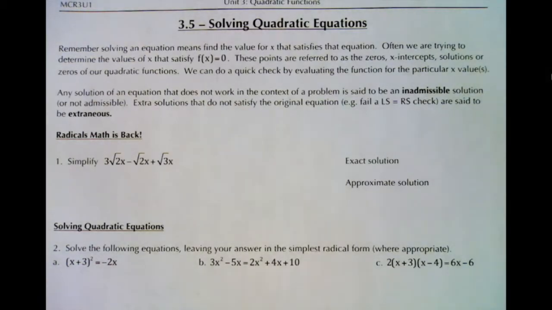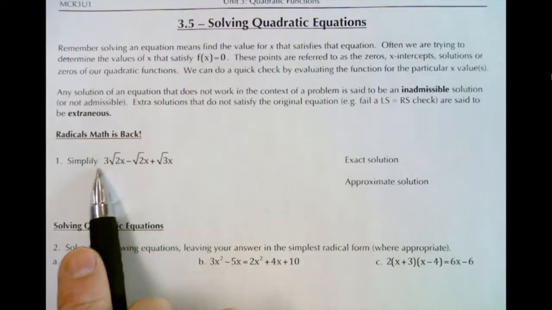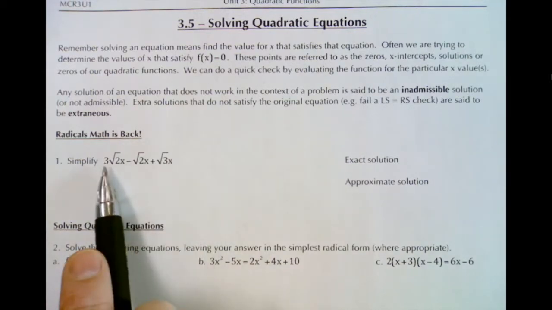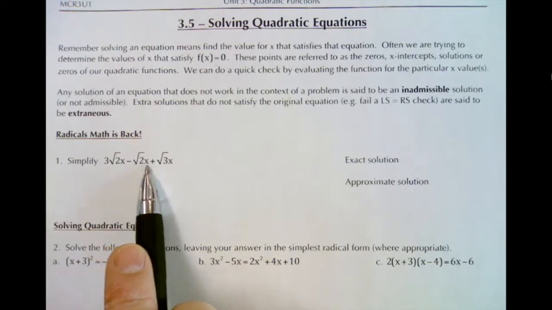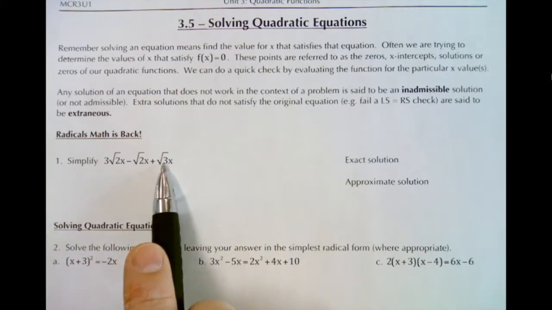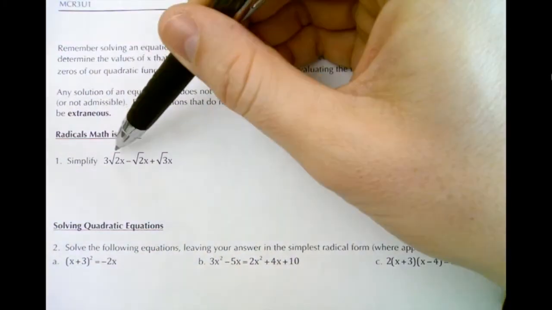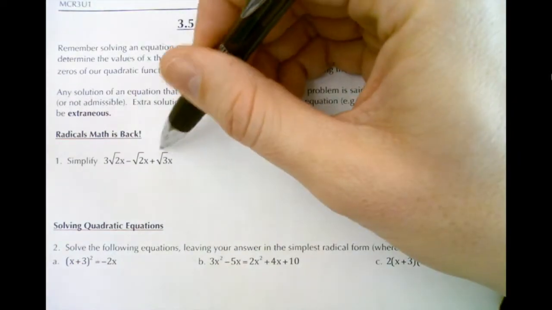So for instance, if we had this radical that we need to simplify and we wanted to write the exact solution, we would simplify as best possible. We've got 3 root 2x minus root 2x plus root 3x. In terms of like terms, we have two terms with root 2x, and we have one term with root 3x.